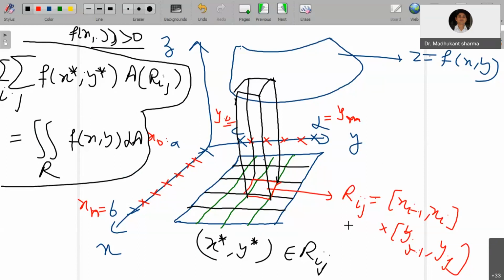Similarly here, for defining the volume under the surface, you need to be careful. f of xy should be above the xy plane. You have to draw in such a fashion.